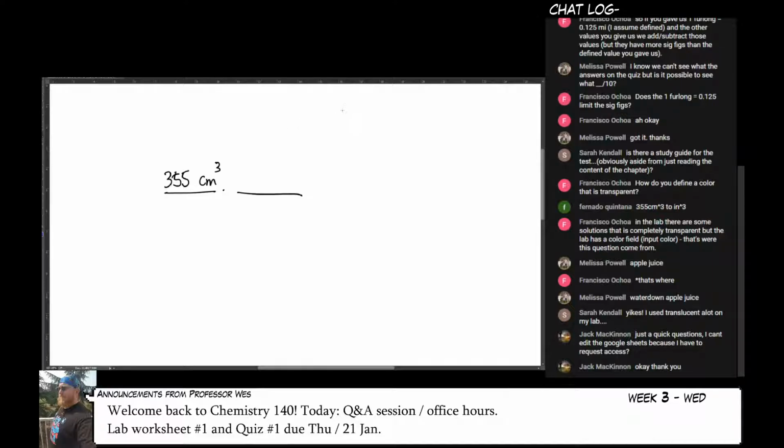So I know that in an inch there are 2.540 centimeters because I can look that up on Google. But I want centimeters cubed, so if I want to do that, I have to cube everything. And so I'm going to just put those conversions in. So I have centimeters and inches cubed. And then I'll just put in the numbers. This cubic centimeter, because it's going to get cubed because of this 3 here, will cancel with this cubic centimeter.